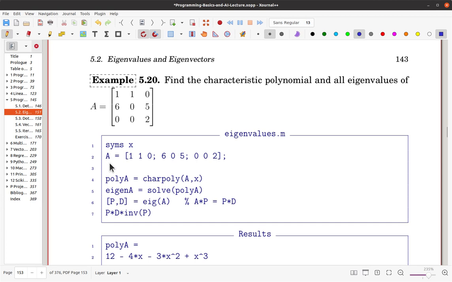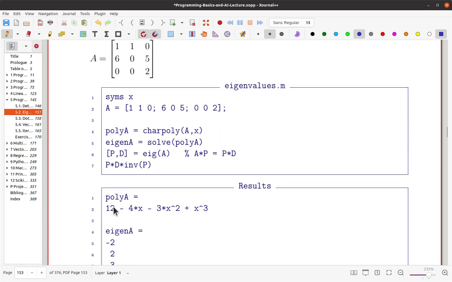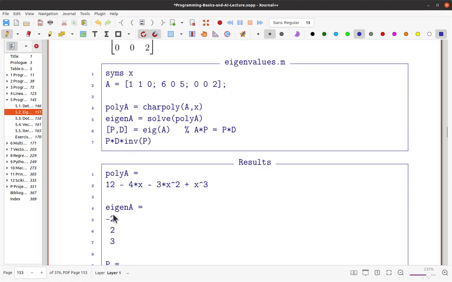Here we define A, the same matrix, and we use the characteristic polynomial of A, and the output will be with the x variable. So that's this one, and we solve the polynomial equals 0, and we get eigenvalues: minus 2, 2, and 3.